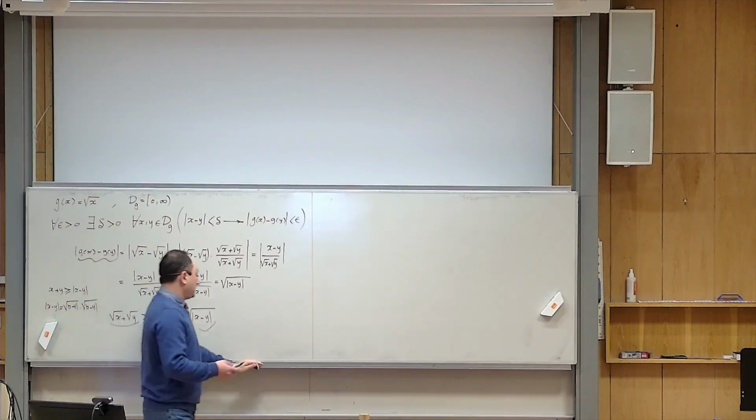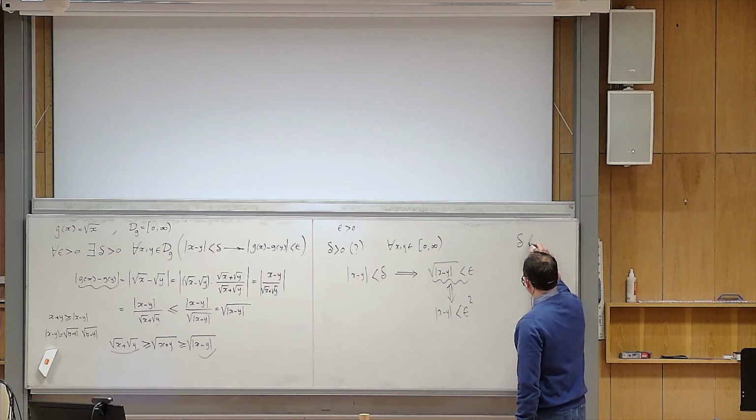Okay? So, I am asking you, what positive value for delta can you choose so that if this happens, it guarantees this happens. Very simple, because you see that it is enough to choose delta less than or equal to epsilon squared.